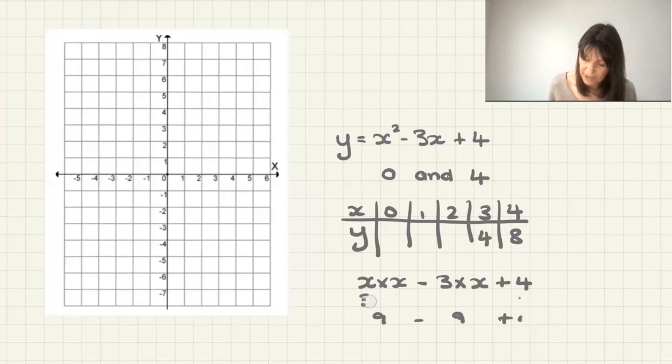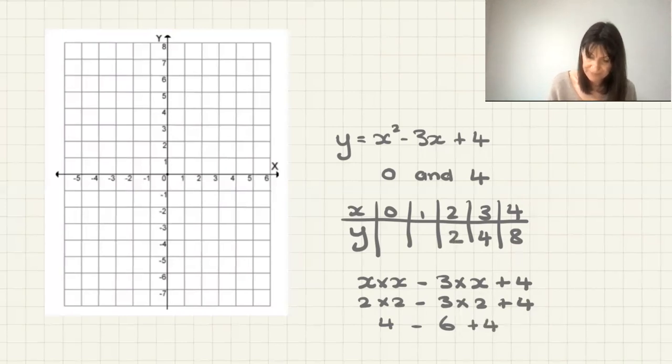We're going to put 2 in next. So we've got 2 times 2, take 3 times 2 plus 4. So 2 times 2 is 4. 3 times 2 is 6. So I've got 4 take 6, which is minus 2. I then add 4. Minus 2 add 4 is 2.